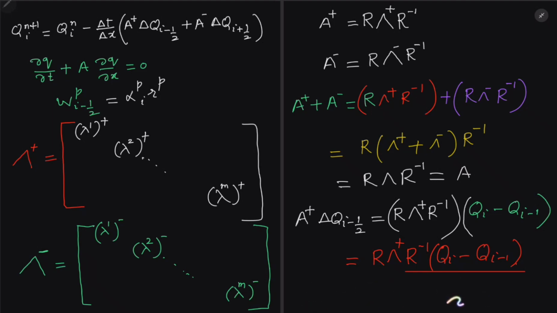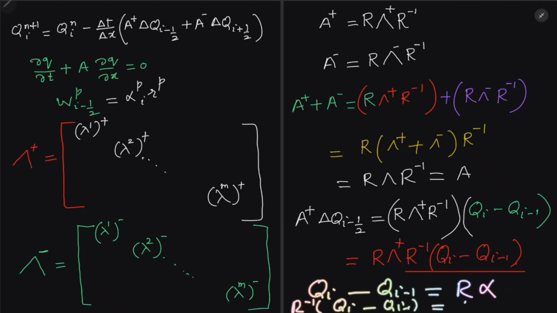So when we write again Qi minus 1, there was a jump, so we can write R alpha. Then we take inverse Qi minus 1, so this becomes alpha. So we can replace this R inverse Qi minus 1 with alpha.